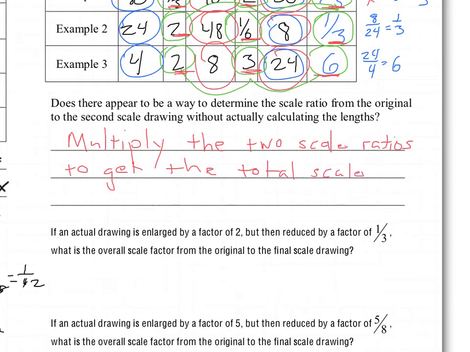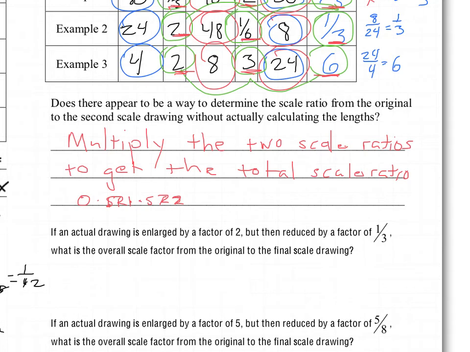And to some extent, this should make sense to us because all we actually did when we went through this entire process was we multiplied our original times scale ratio 1 times scale ratio 2 to get our final.